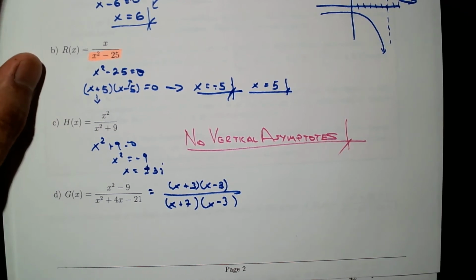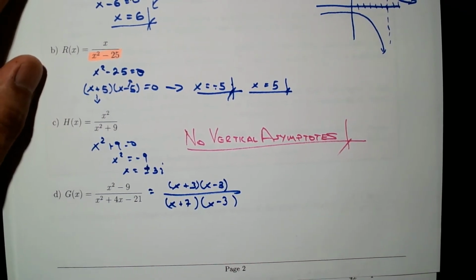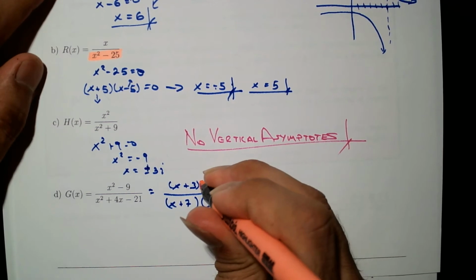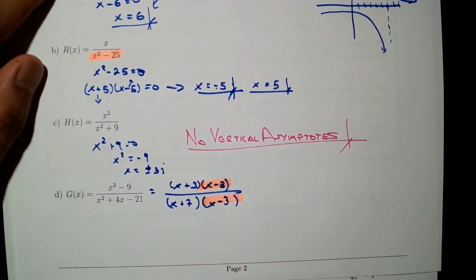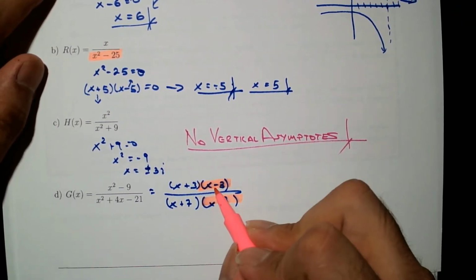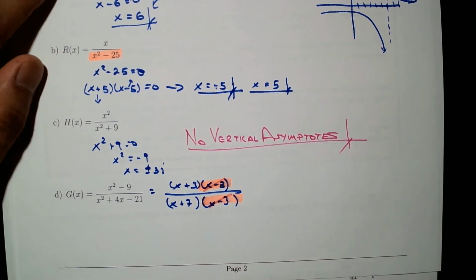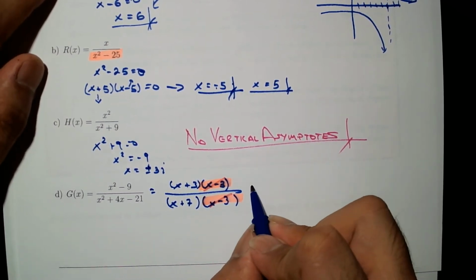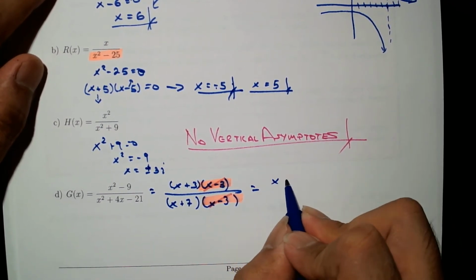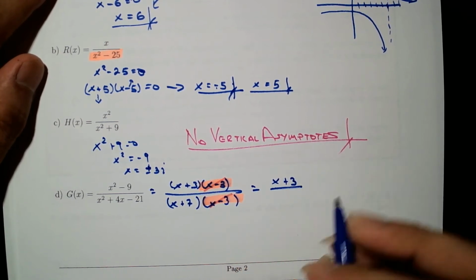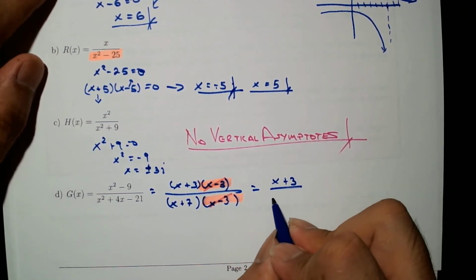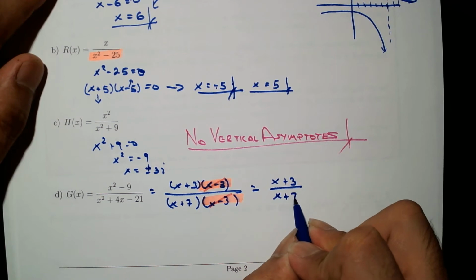Now, notice something interesting. The factors that actually get canceled right here, I'm going to cancel with a mild color. So I'm going to end up with x plus 3 divided by x plus 7.